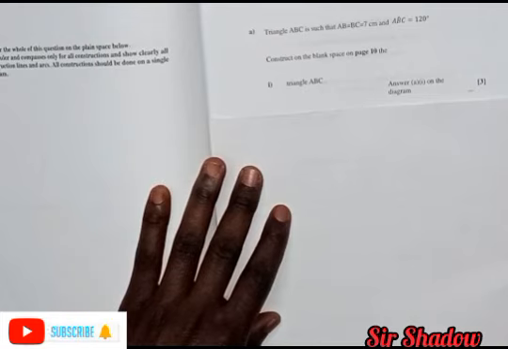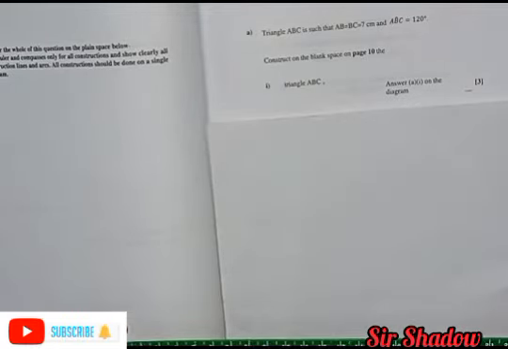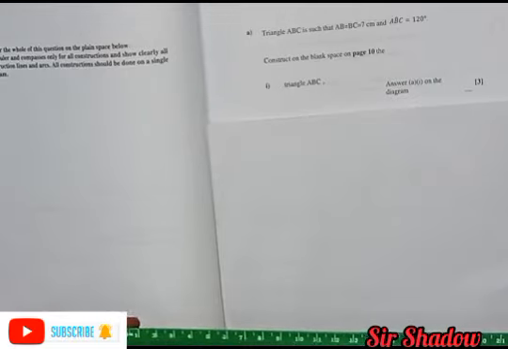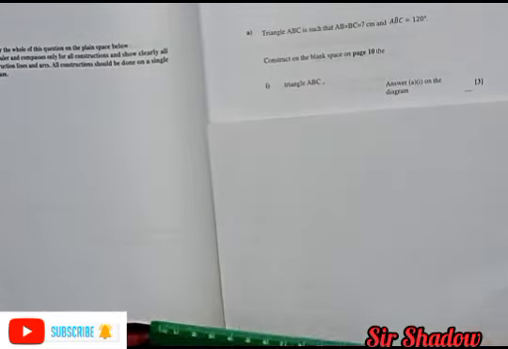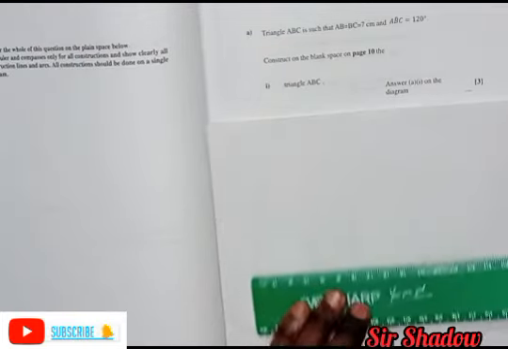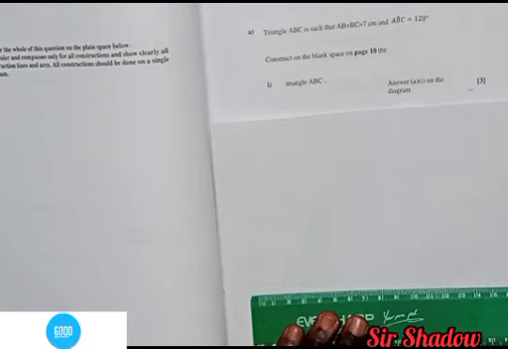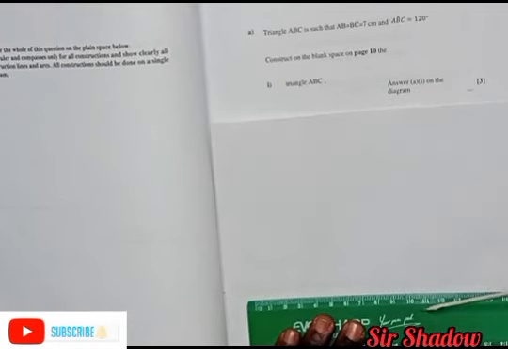The first part says triangle ABC is such that AB equals BC. So we have to write the first length, AB. You should have a ruler. When drawing AB, you have to draw 7 centimeters, since the question said 7 centimeters.